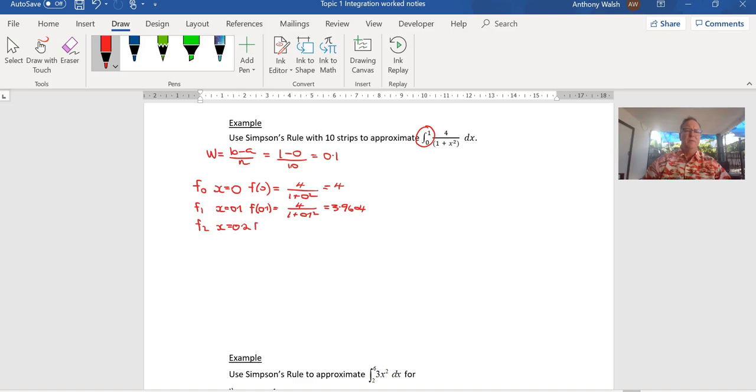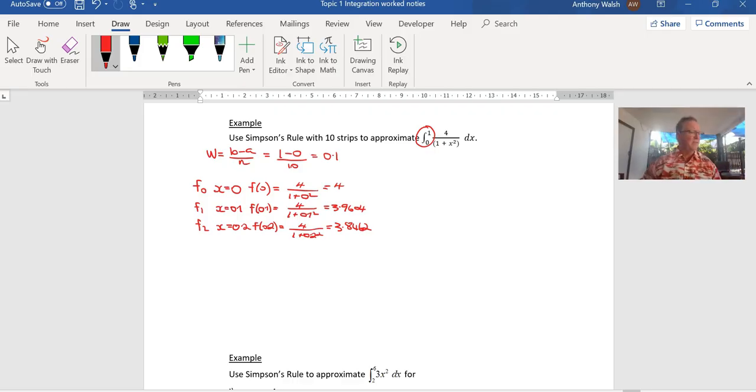Now I'm going to have to put 0.2 into the function again. 4 divided by 1 plus 0.2 squared. Now my calculator says that's equal to 3.8462.